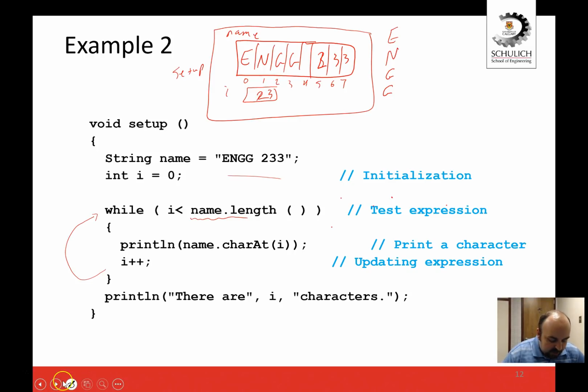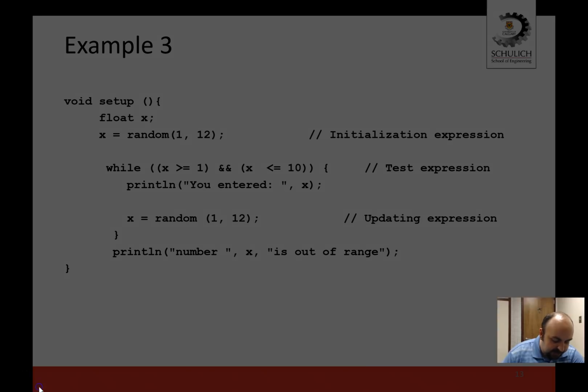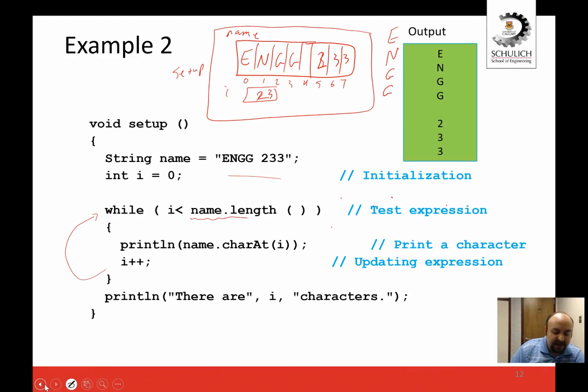So the output of this program ends up being ENGG 233. When you print out the last 3, I actually ends up being 8. When you go back to the top, 8 is not less than 8. So you're done. And that's going to be the output. And also, when you finish the loop, you're going to get another thing printed out in the console.